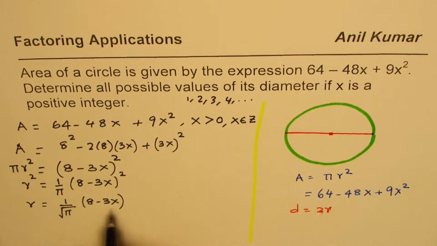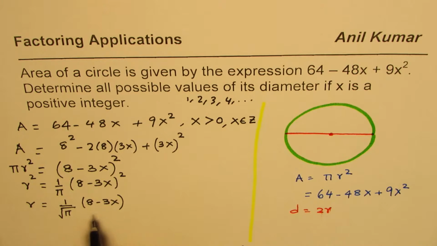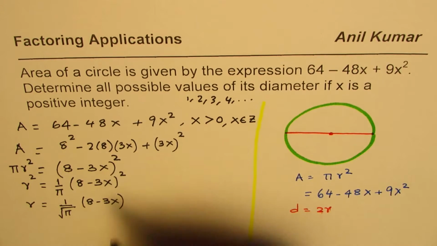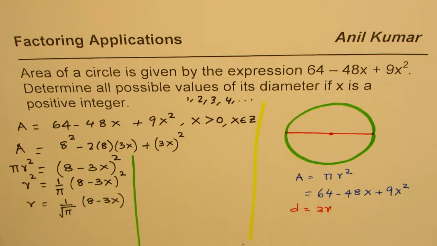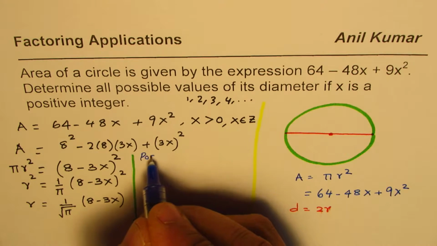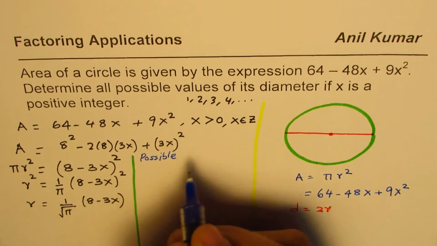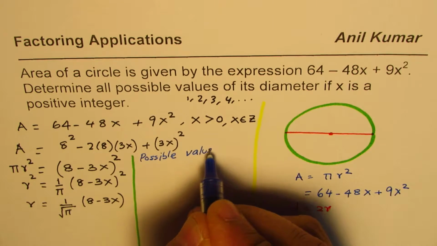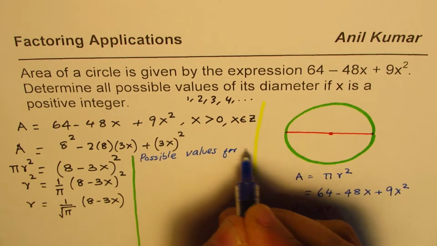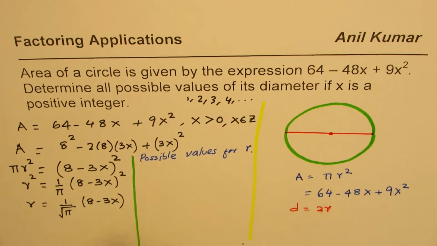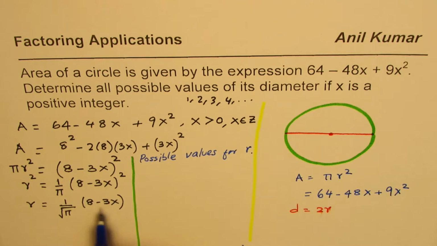So r could have 2 values. Now let's write down the possible values of r, the radius, and then we will write down the diameter, which is twice r. So let's substitute what values x could be.